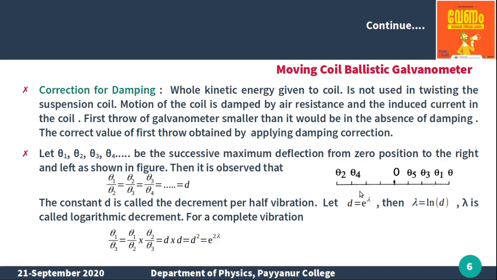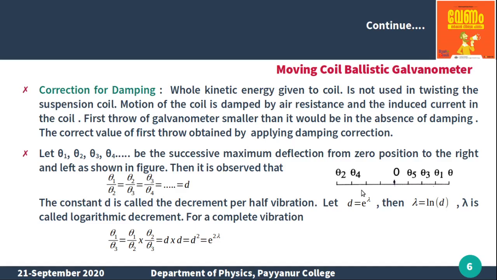What is observed experimentally is that if you take the ratio θ1 by θ2, then θ2 by θ3, then θ3 by θ4, all these are found to be equal.